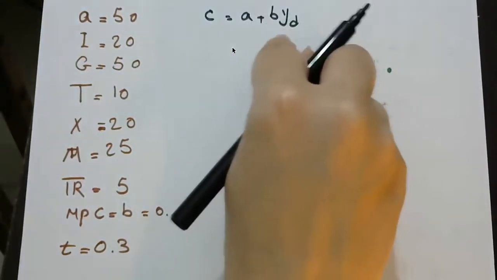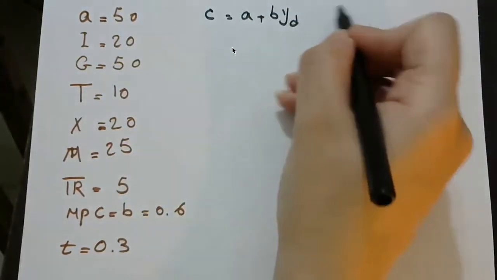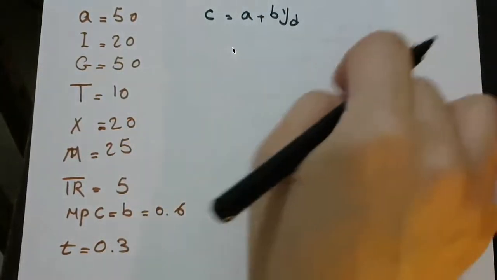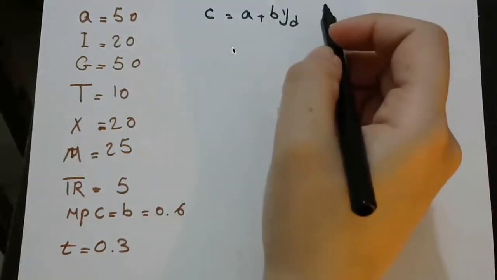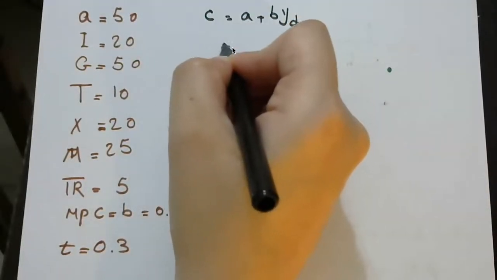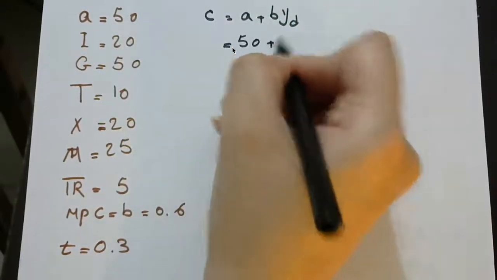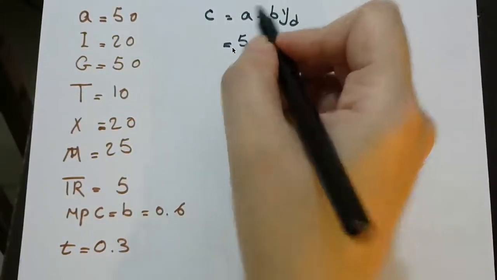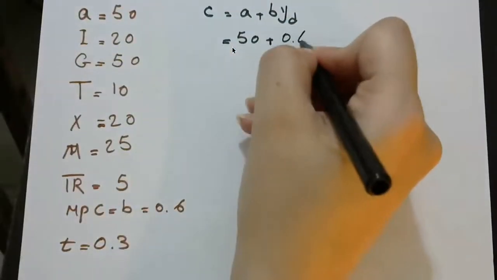Do remember that you have to write this formula. Then maybe you can calculate YD separately, or you can directly replace YD here. If you know what YD is, you can directly replace it. So A is 50, given, plus B is MPC, again given, 0.6.